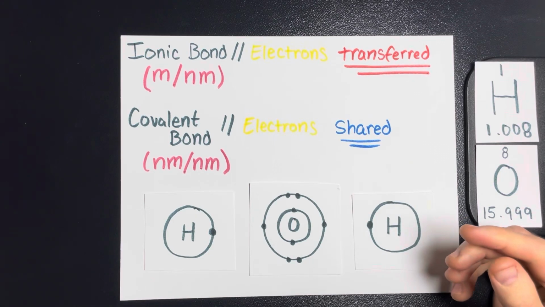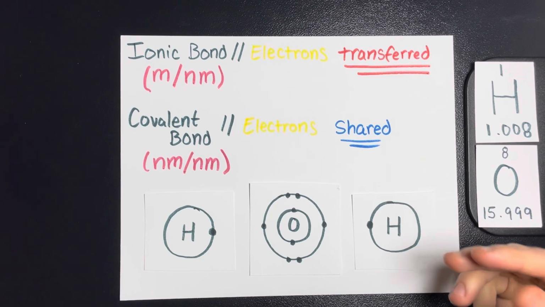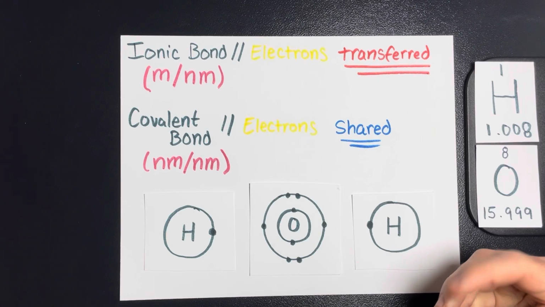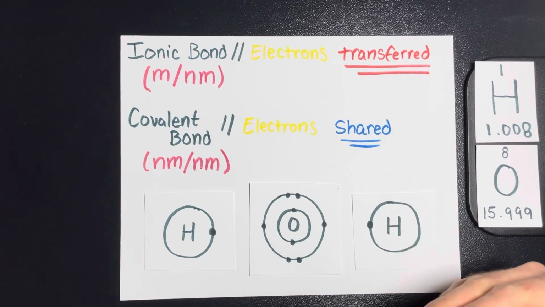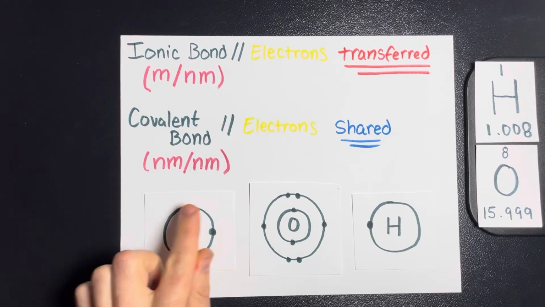Now, electrons, to be more specific, you can look at as the opposite of protons. We talked about how protons are positively charged and they're located within the center, the nucleus of the atom. Electrons are the opposite. Electrons are negatively charged, and if you take a look at my little diagram here, electrons orbit around the nucleus.